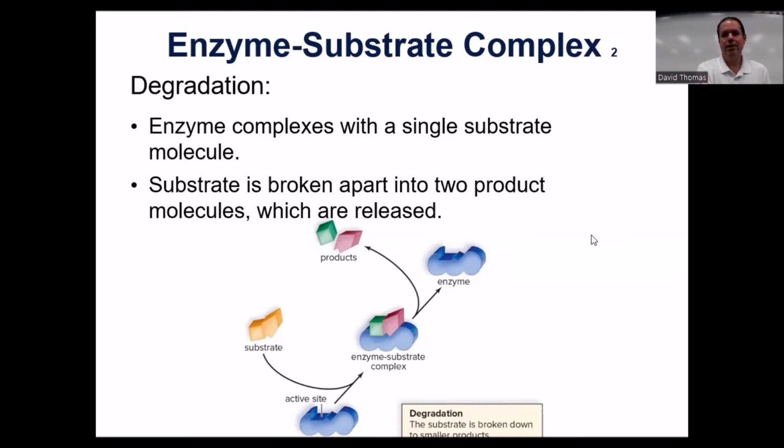So in other words, that enzyme can be used again. You can take that enzyme and reuse it. Theoretically, you can continue to reuse it over and over again, unless something happens to that active site that causes it not to be usable any longer.